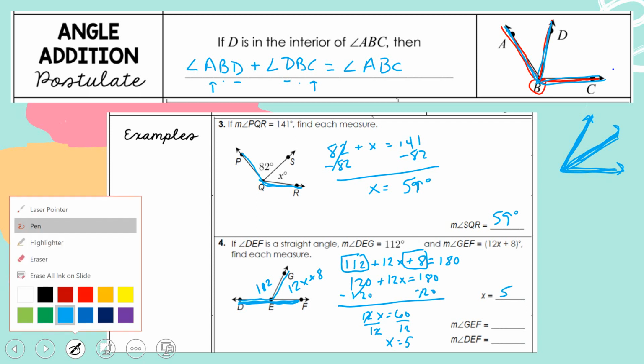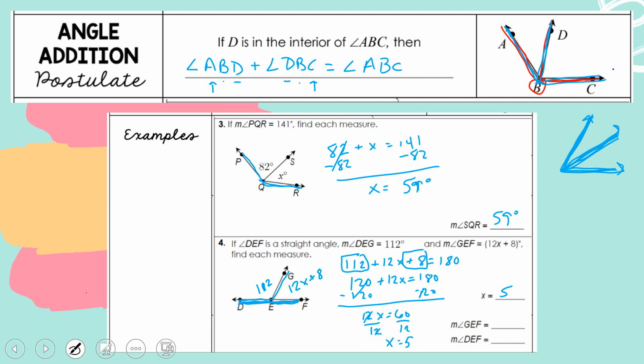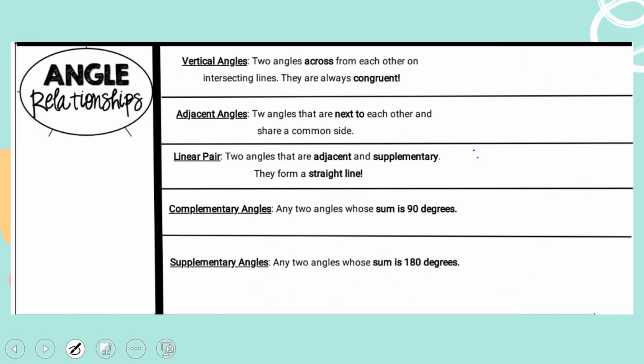So if x equals 5, GEF is 12 times 5 plus 8. So we just said 12 times 5 is 60. 60 plus 8 is 68. So GEF is 68. DEF, this whole thing, we already said is 180. So there you go. Alrighty.